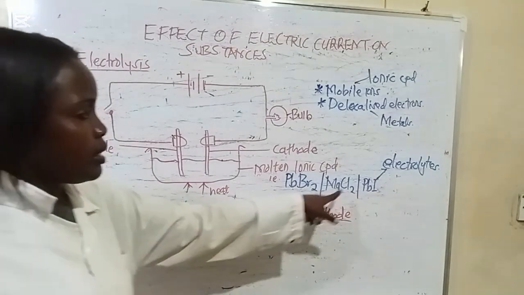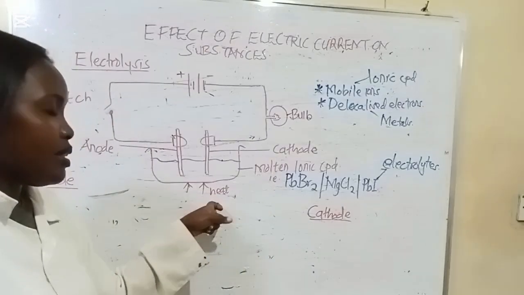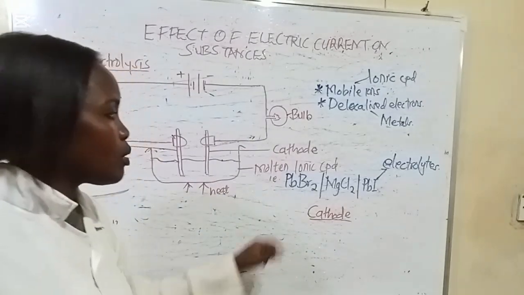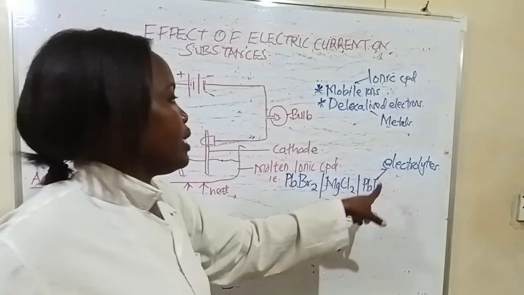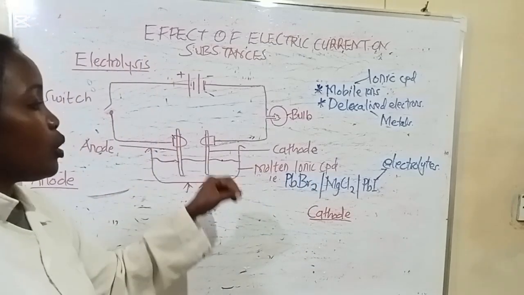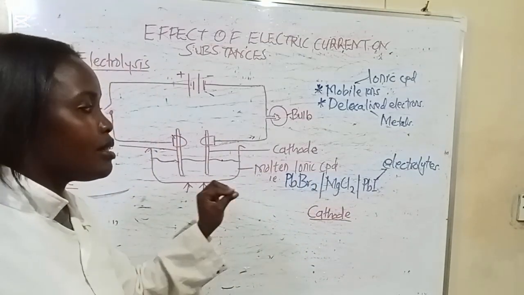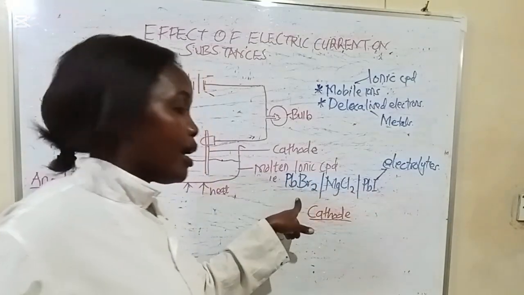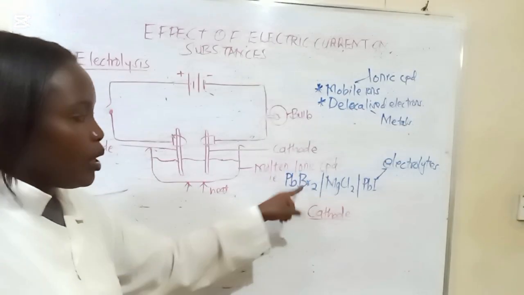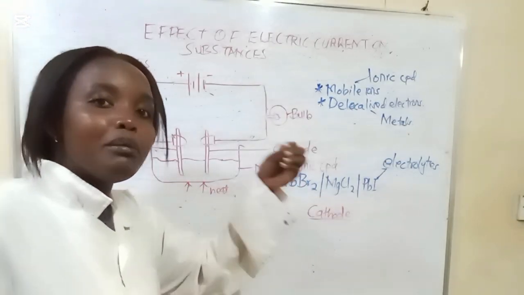And when we are melting these electrolytes in the presence of heat, it means we are going to decompose them. Electrolysis is a process that involves decomposition of our electrolytes. Now, when you decompose something, you simply break it down.